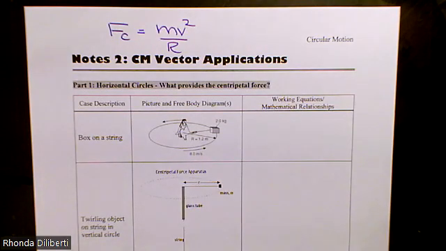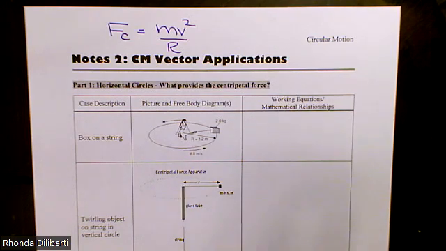And I remind you that there is no such thing as centripetal force. Like there is an Fw or an Fg or an Fn or an Ff or an Fa. Those are all real forces, but centripetal force is really just a vocab word.